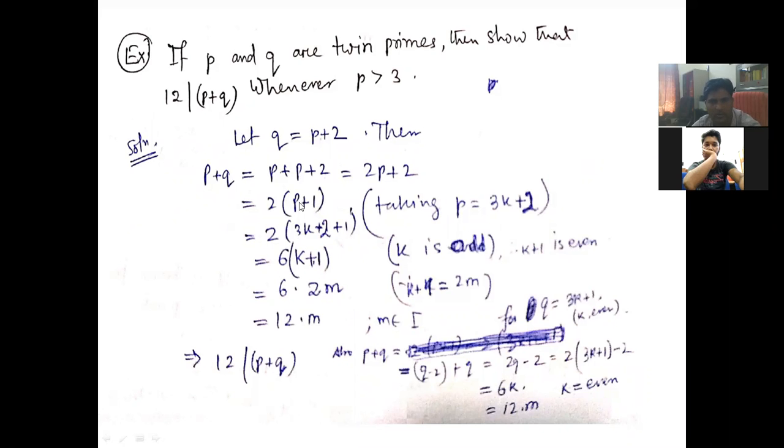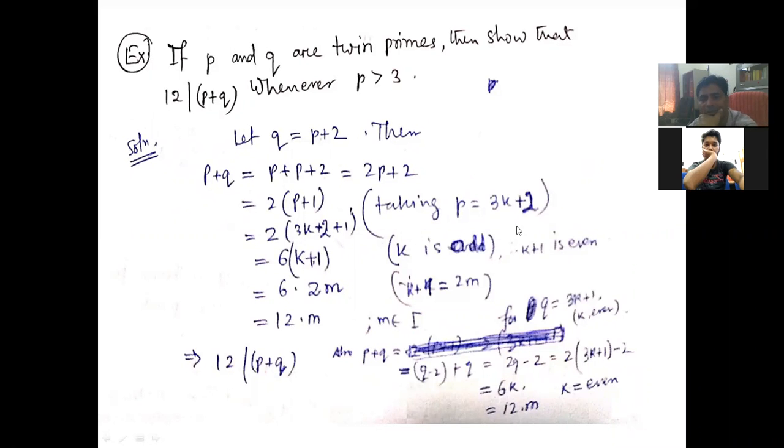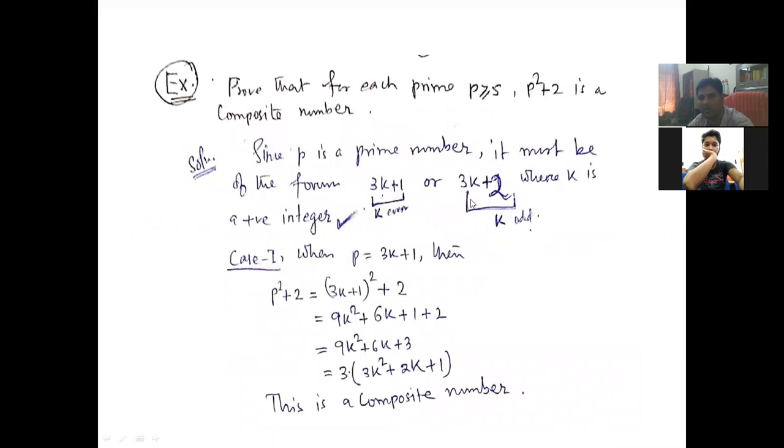Okay, so P is a prime. Primes of this form 3k plus 2, suppose. Because 6 times of k plus 1 equal to 6 into 2n. You see here, 3k plus 2 means k odd. In the last example, whenever this becomes a prime, you have to put k as odd.